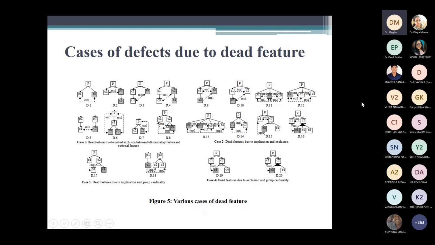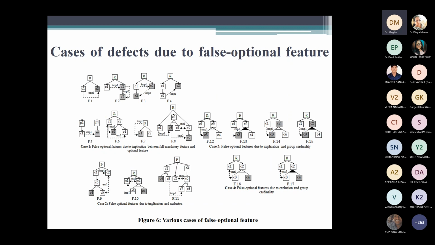Now let's go ahead with the next one. We have the various cases of defects due to false optional feature. Till now we have understood the cases of redundancy and dead features. Now these are the various cases of defects due to false optional features. Defects due to false optional features have been categorized into 4 cases.